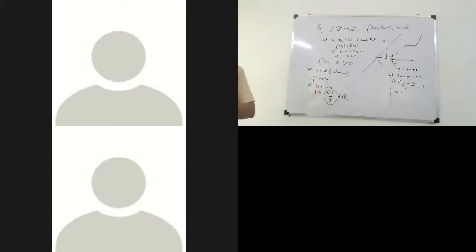Now write, since y is arbitrary, each element in the codomain set R has a preimage under f. Therefore, f is onto.